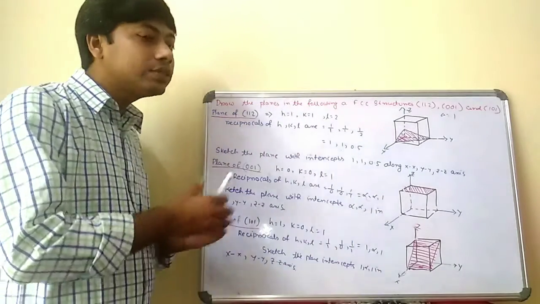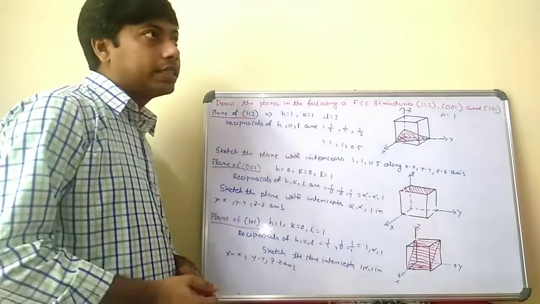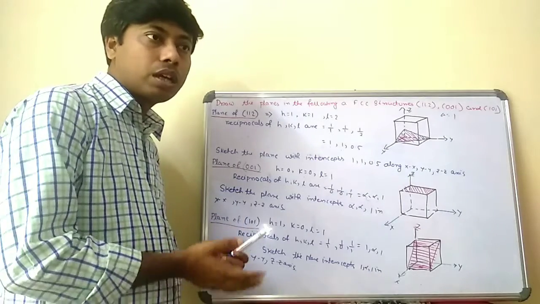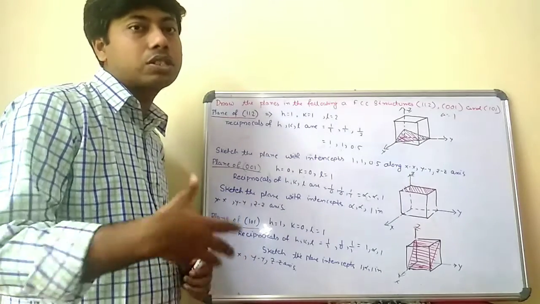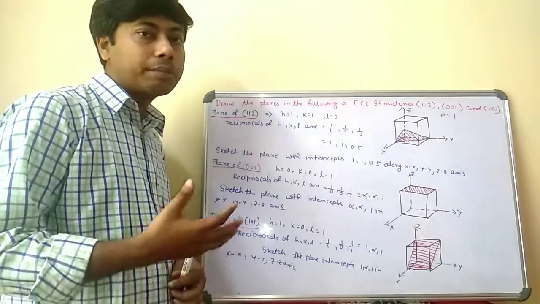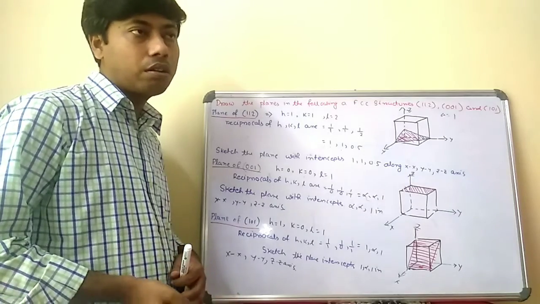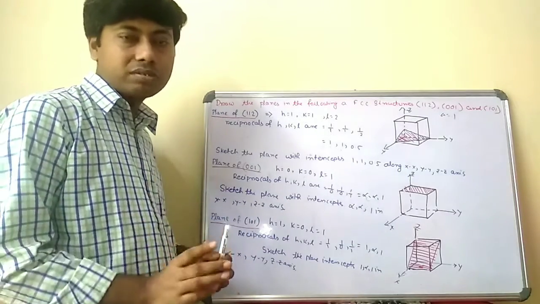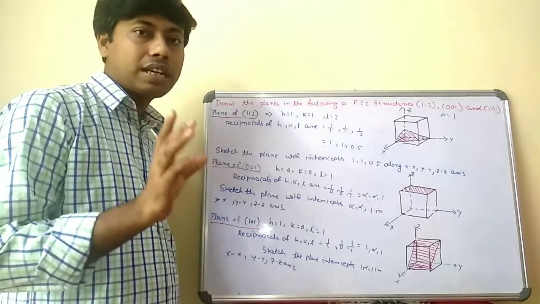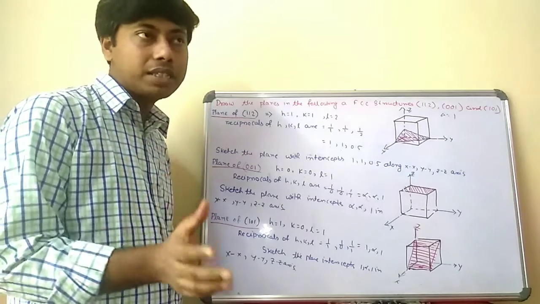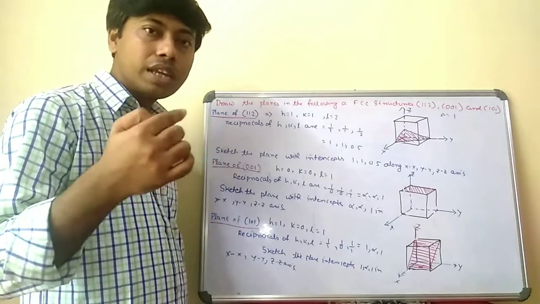In this way we can draw the plane for a numerical on a crystal structure, or the crystal plane for Miller indices like 1, 1, 2 or 2, 2, 1. First you have to write the corresponding Miller indices. If it is given as 1, 2, 1, that means h is 1, k is 2, l is 1.